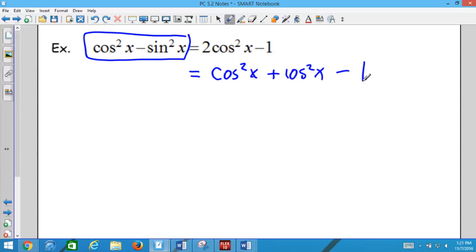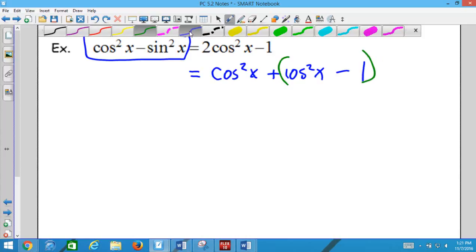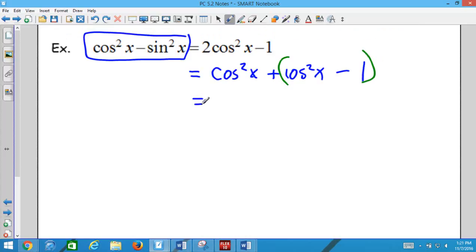And why I did that is because, boom, cosine squared x minus 1 is the same thing as what? Negative sine squared. And that came from our Pythagorean identities, and you had to switch the signs, so you pull the negative out. And I'm done. It already equals it.